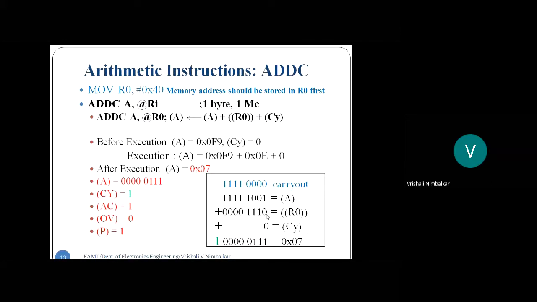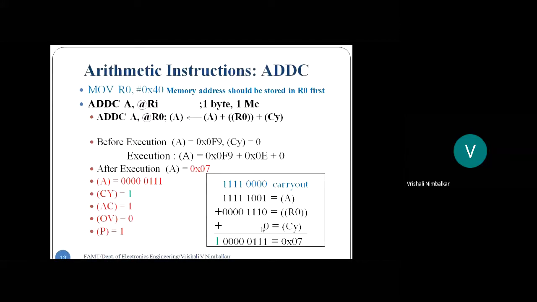The data is 0E pointed by R0 and the carry bit 0. So the carry is added in the LSB. See here students, this is 1 bit and that 1 bit gets added in the LSB, lower digit. So the addition is 1 plus 0 plus 0. The answer is 1.